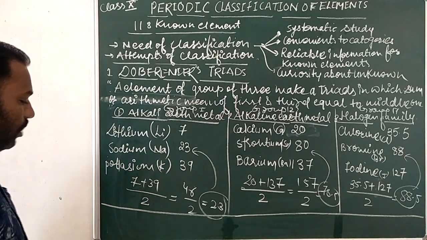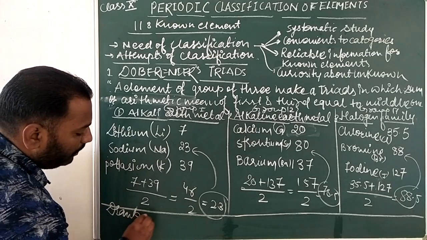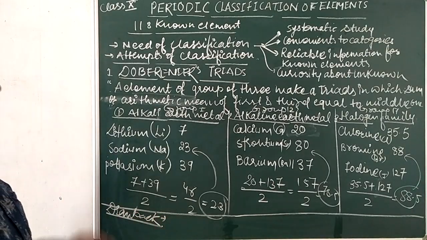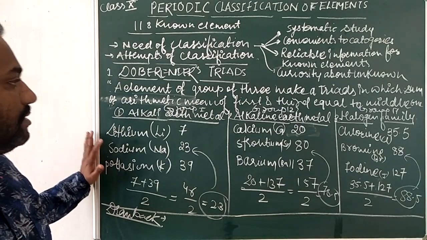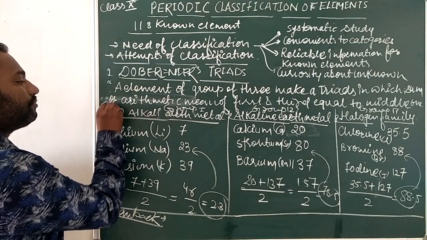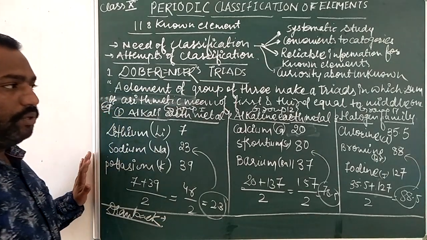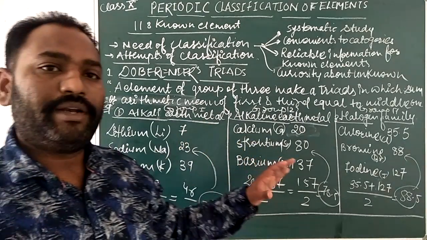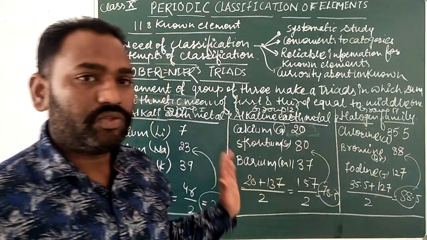Okay, so what is the drawback for that? It is also important for us, because the main question asked about this topic is what is the Dobereiner's triads, and their examples, these are the examples for that. And what are the drawbacks? Because at that time the known elements were many more, but they gave only these 3 triads.